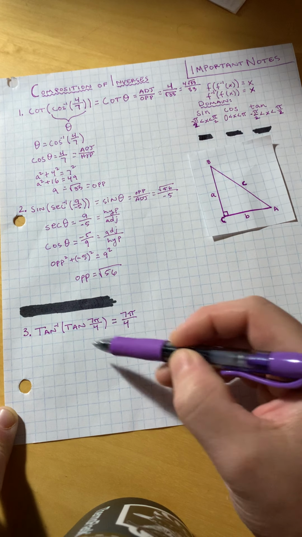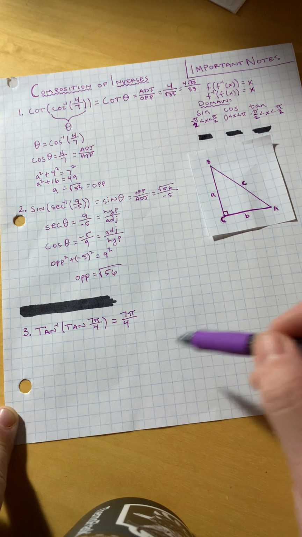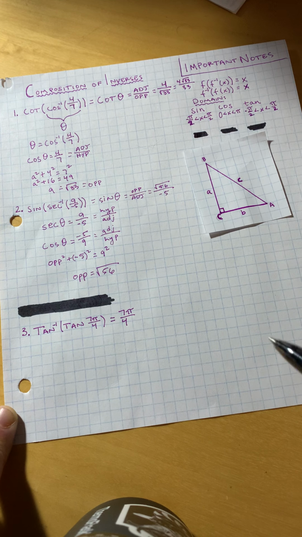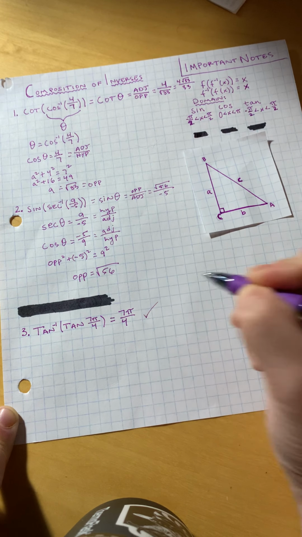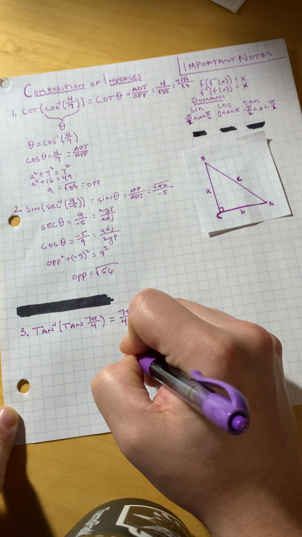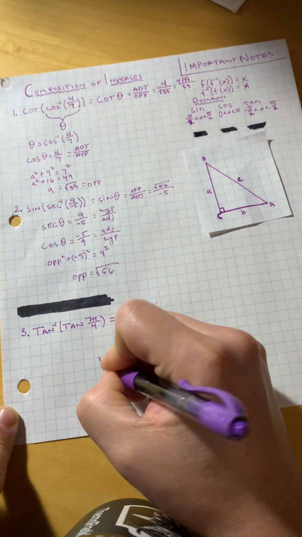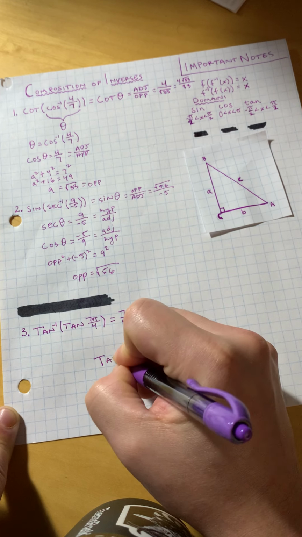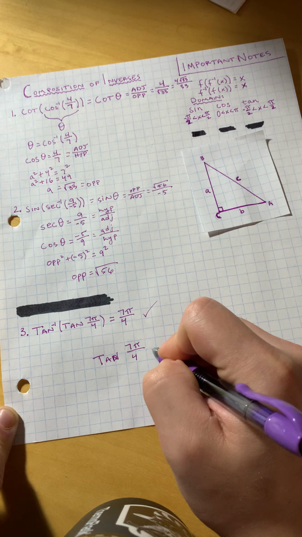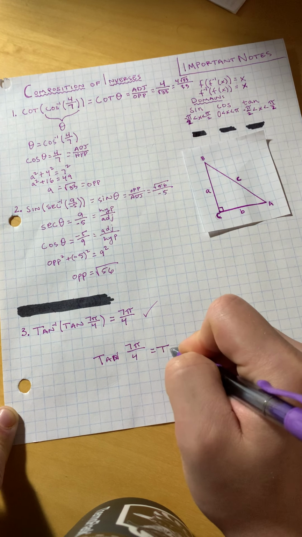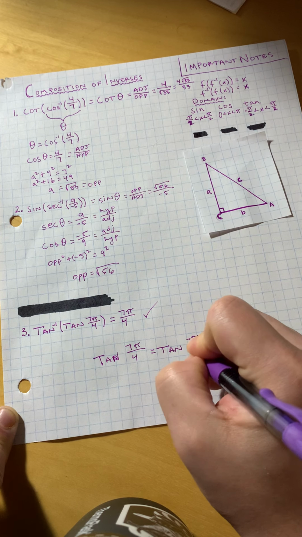So does this answer even actually work? Because we're looking at the arctangent. Does that operate within the range, or I should say the domain of the arctangent? The answer is yes, it checks out, because the tangent of 7 pi over 4 is the same as the tangent of negative pi over 4.